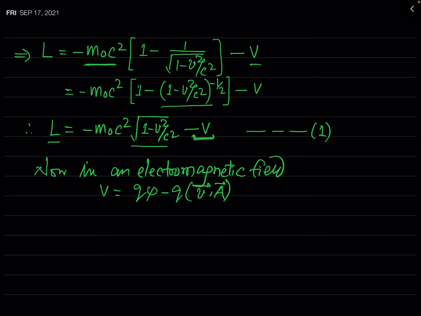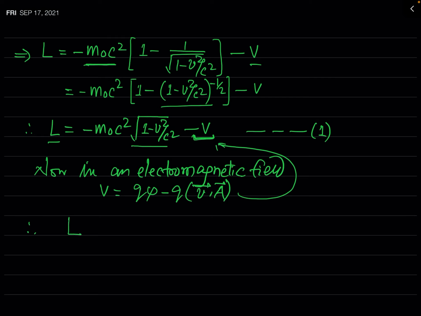So, the relativistic Lagrangian of a particle moving in an electromagnetic field will be what? For this, we will substitute this value of V here, and then you will get the expression for the Lagrangian of a particle moving relativistically in an electromagnetic field.